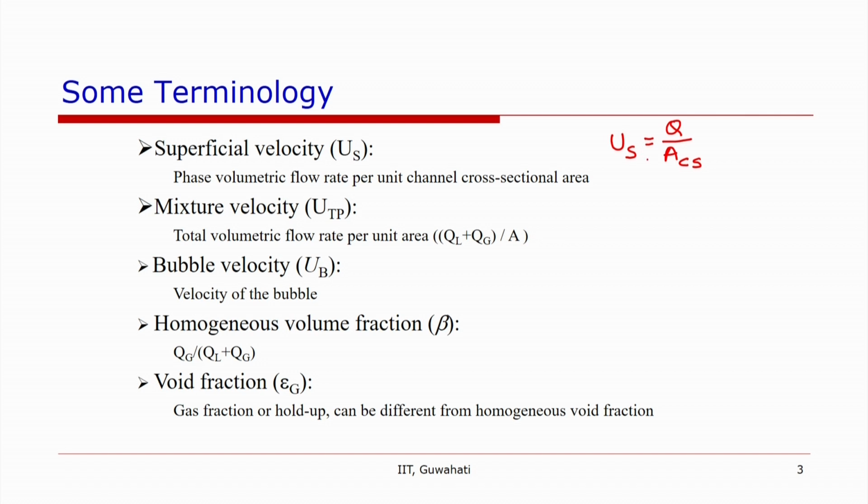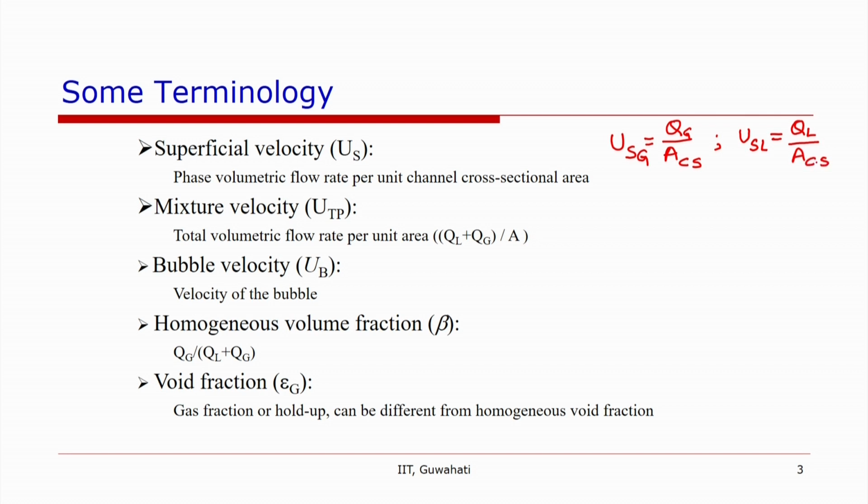Now, if we are looking at gas, then it is USG, or superficial velocity of gas is equal to Q of gas divided by channel cross section area. Similarly, superficial velocity of liquid will be Q of liquid divided by the channel cross sectional area.